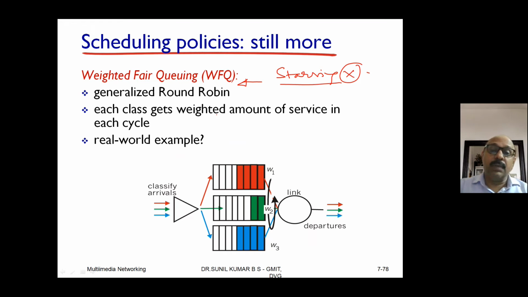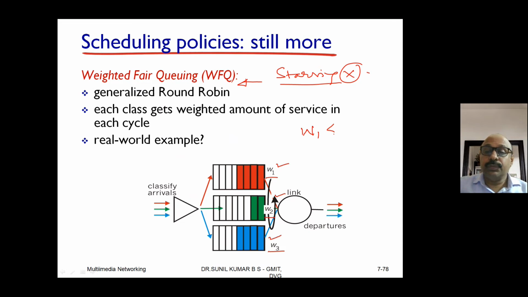What will be done is that a weight will be given to each of these queues, and hence the transmission can be done on the basis of the weights that are given to these queues. Weight 1, weight 2, and weight 3 are there. So we can give the priority like this.